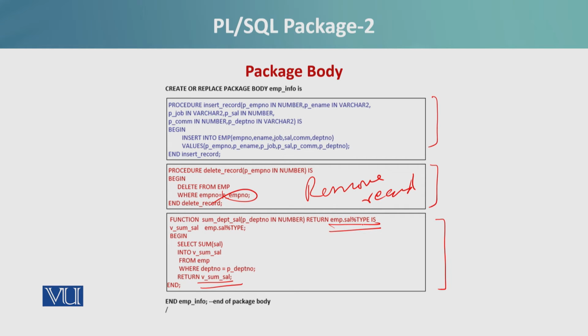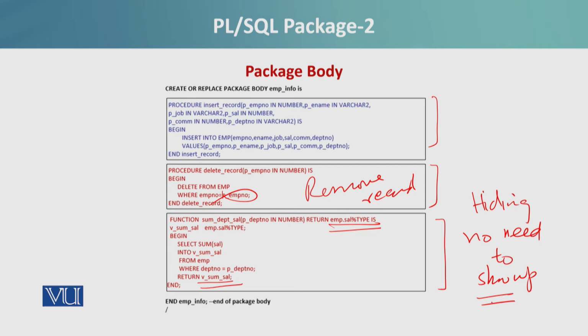So this body can be kept as a hiding place, or no need to show it up. When we transport or provide our software application to the client, we can just compile and execute the body, and the rest of the things will be hidden from the user, and we can stop their access from the security point of view.